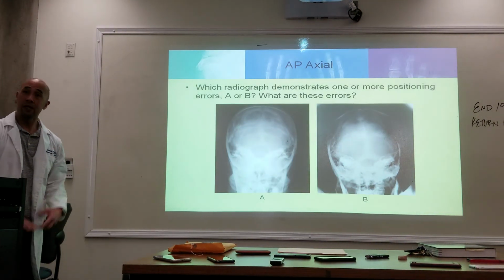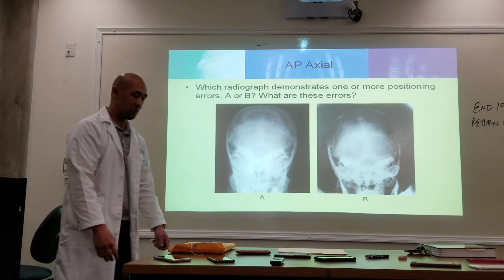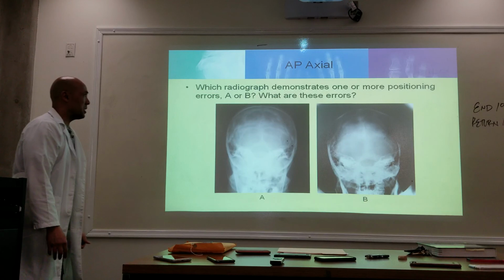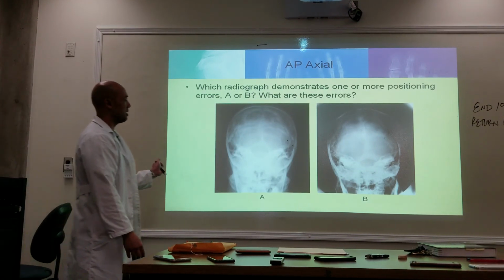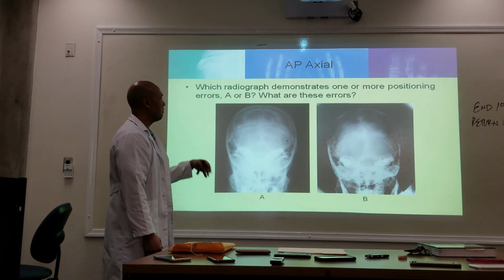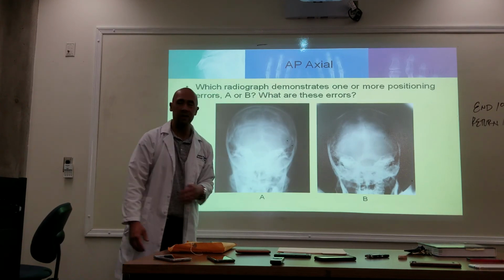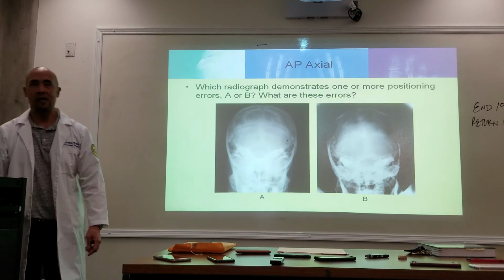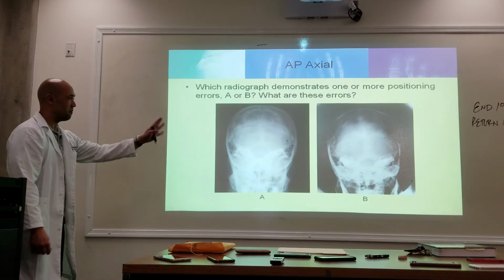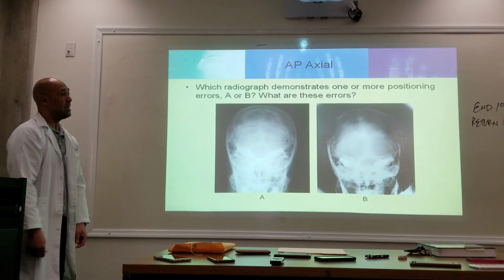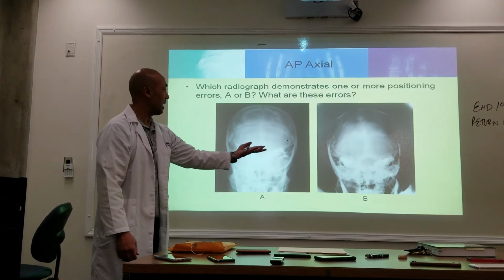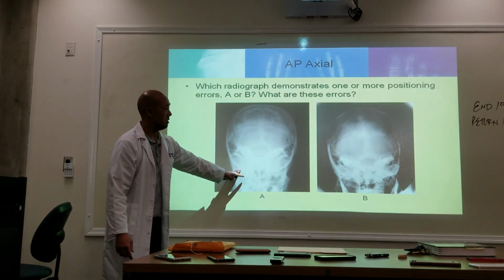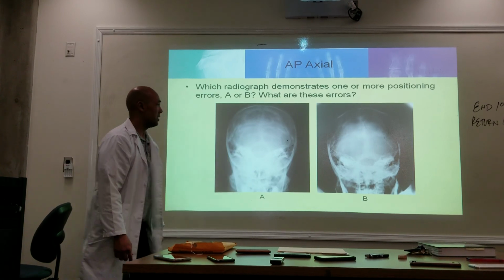All right, we're done. Let's just look at some films real quick. Which radiograph demonstrates one or more positioning errors? So which one is acceptable? First let's say which one is acceptable, positioning wise. Do you like A or do you like B? B. Not technically wise, but as positioning. Technically B looks better because it's more black and white. A is a little bit washy, okay?